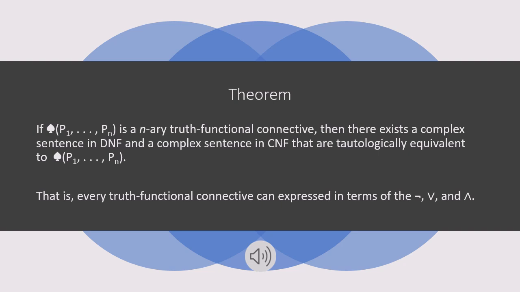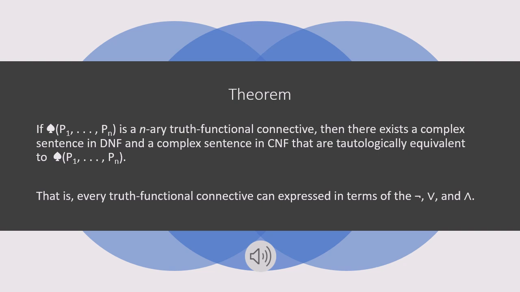In other words, every truth functional connective can be expressed in terms of conjunction, disjunction, and negation. And we'll say that that set of 3 connectives is truth functionally complete.